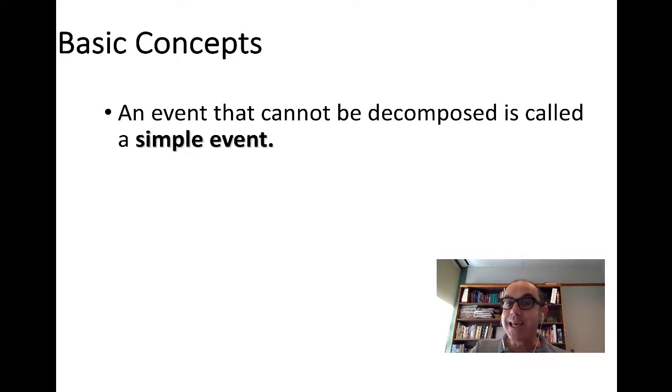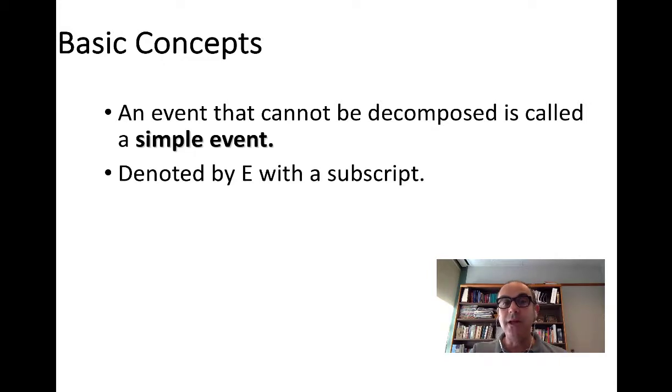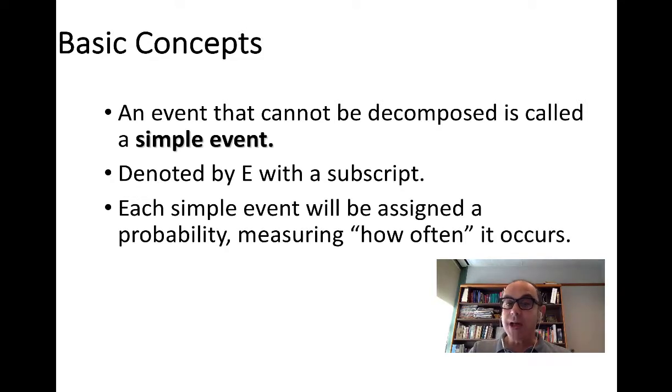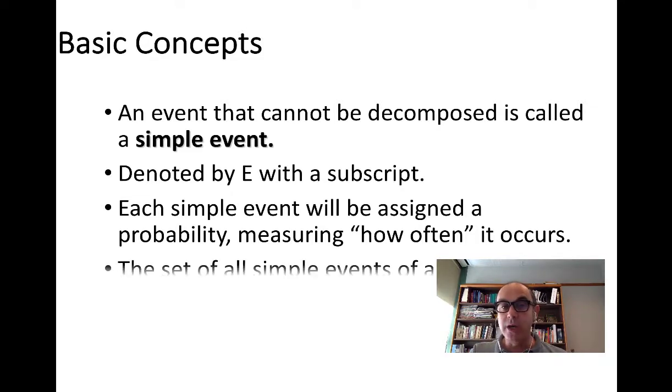A simple event cannot be decomposed. It's called a simple event, and it's denoted by E with a subscript. Each simple event will be assigned a probability, how often it will occur.